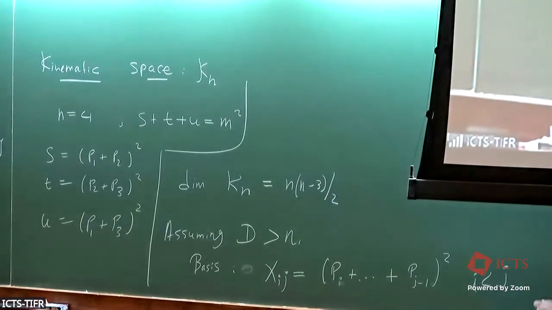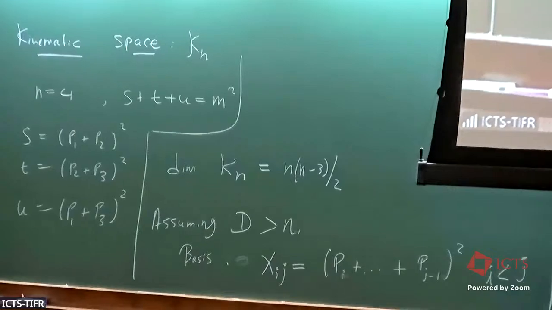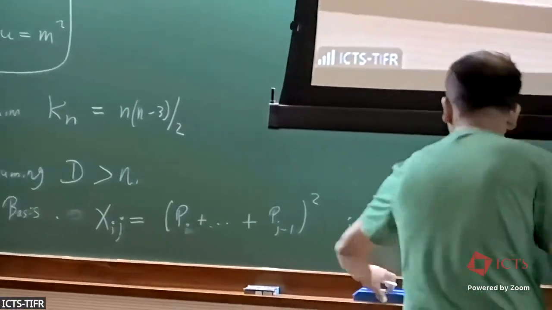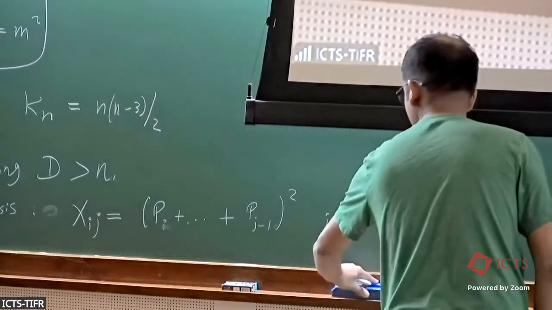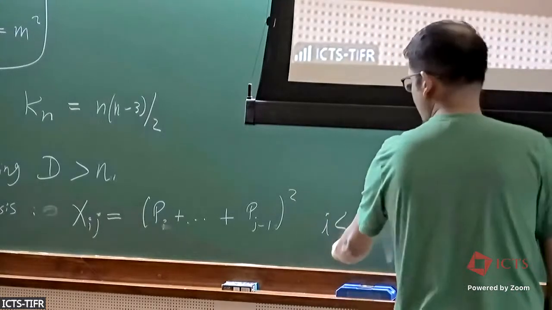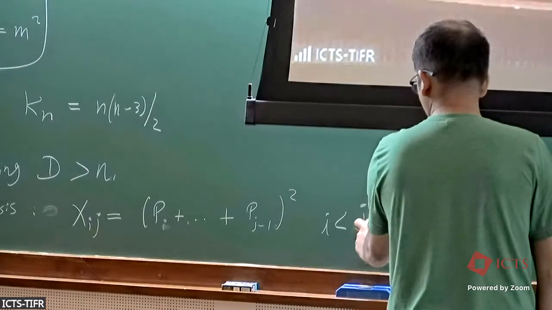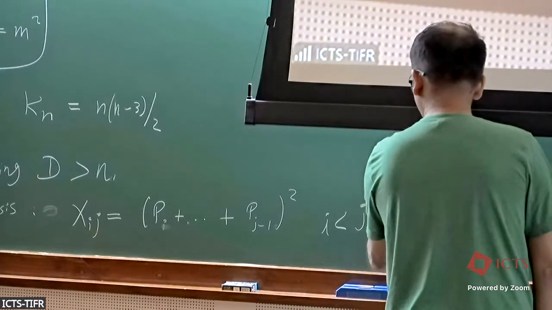So just as an illustration, if we are in 4 dimensions, i less than j, which is less than or equal to n, of course.